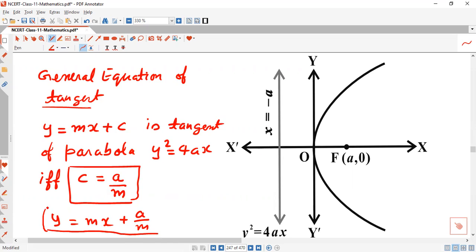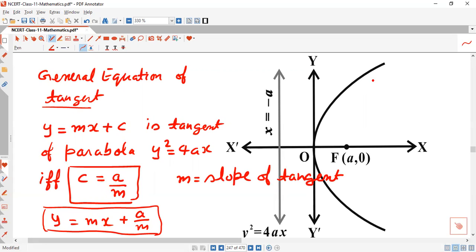This is a general equation of tangent. We can say this is the equation of a tangent to the parabola, where small m is the slope of the tangent.